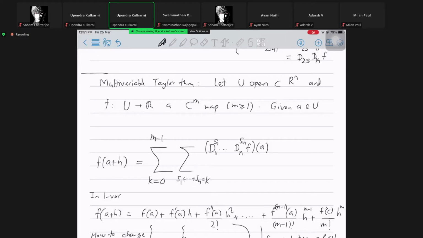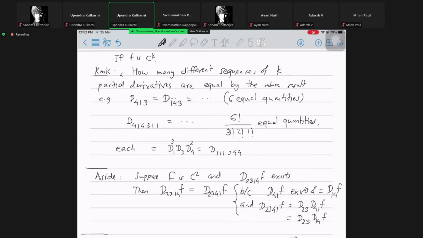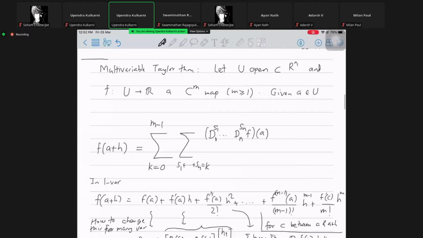Just look up here. It is going to come k factorial divided by s1 factorial up to sn factorial. So the k factorial cancels and I simply get this term divided by s1 factorial up to sn factorial.